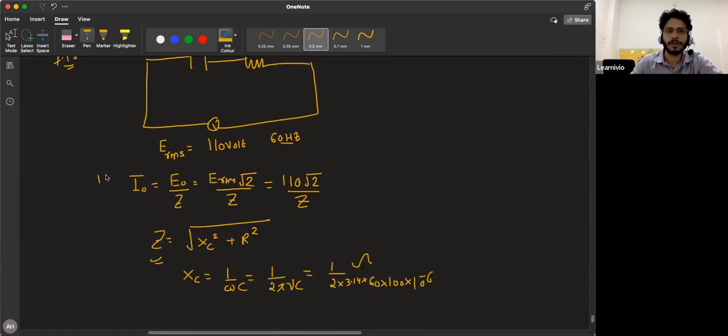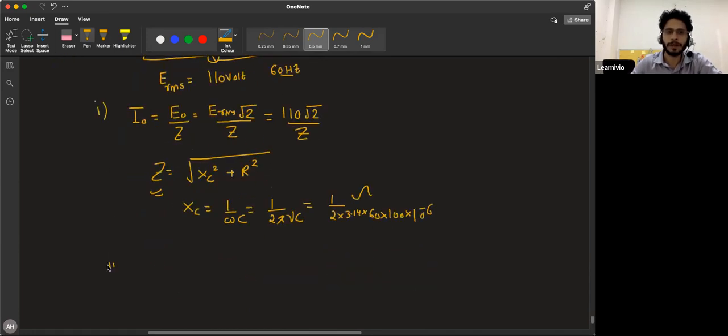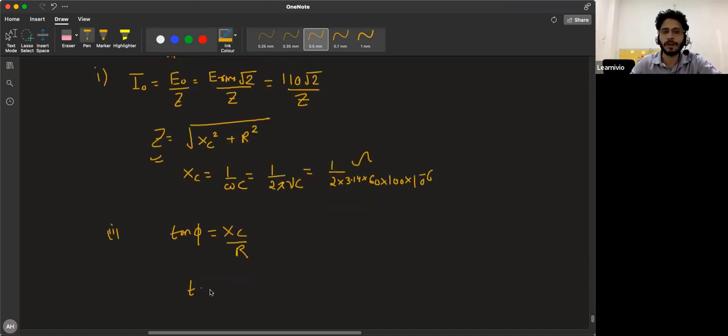That's the first part. In the second part, you need time lag. For time lag, again, first you will calculate the phase difference. The formula for the phase difference will be tan phi equals XC by R. Once you have phi, you can write time lag is phi by omega. So just like the previous question, the formula based thing. Is it clear, everyone? Arpit?